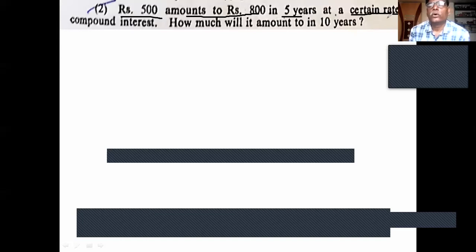So this problem you have to solve with the help of 2 steps. In a single step, it is not possible to ascertain the amount at the end of 10 years.